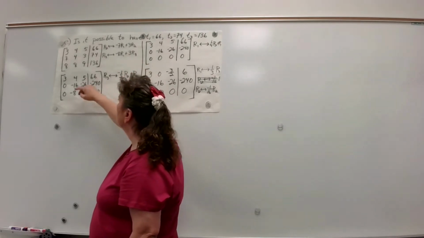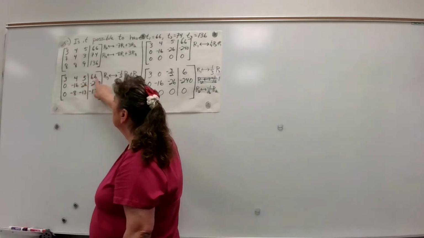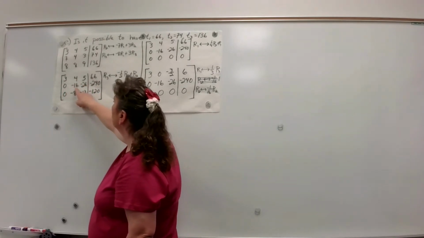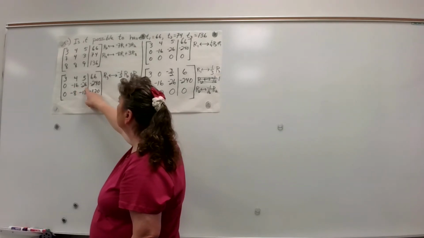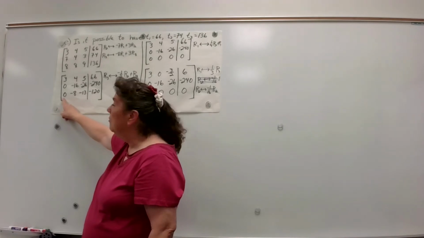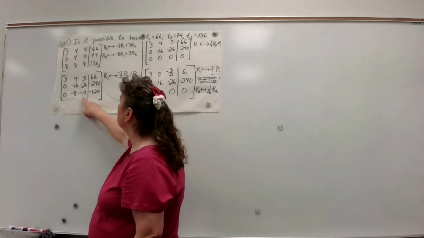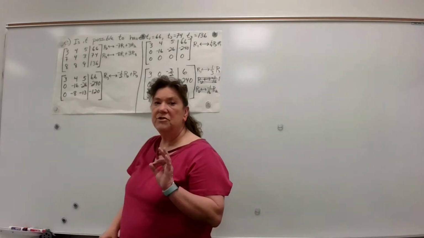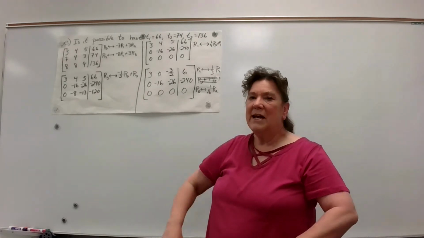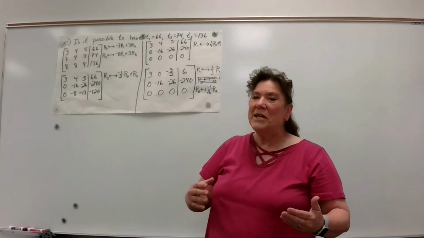And that is going to give me, this one stays the same. Row 2 is going to have a 0, -16, -26, and -240. Row 3 is going to have a 0, -8, -13, and -120. I have checked these over and over and over because I found myself making a lot of mistakes. And when you make mistakes, you don't get good answers.